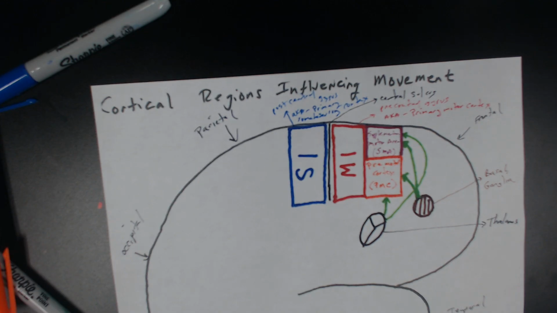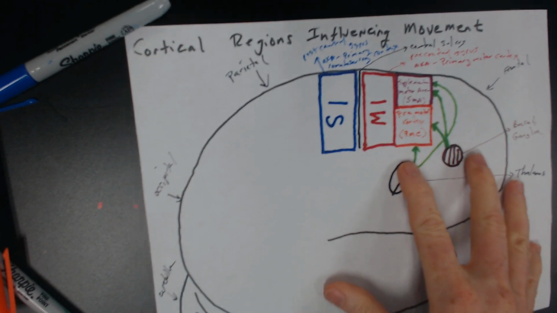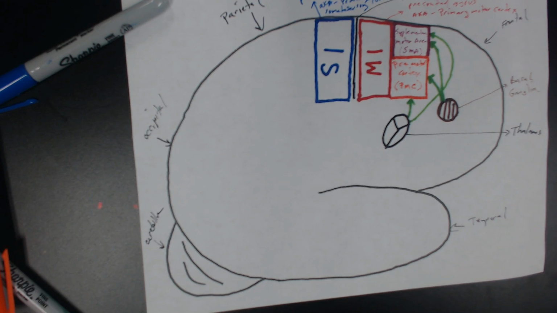Okay, and you should also know that information coming from the cerebellum is also involved in influencing movement. We talked previously about the dorsal and spinocerebellar tracts that were coming up to the cerebellum. Does anyone remember what kind of information they carry up to the cerebellum?